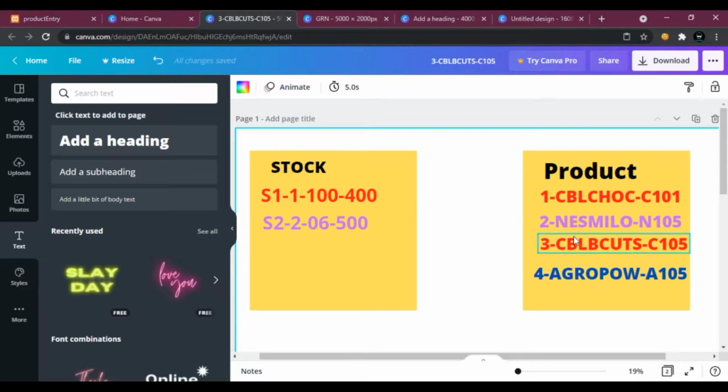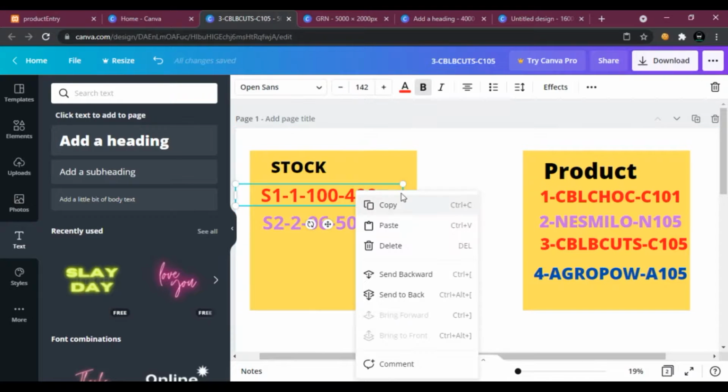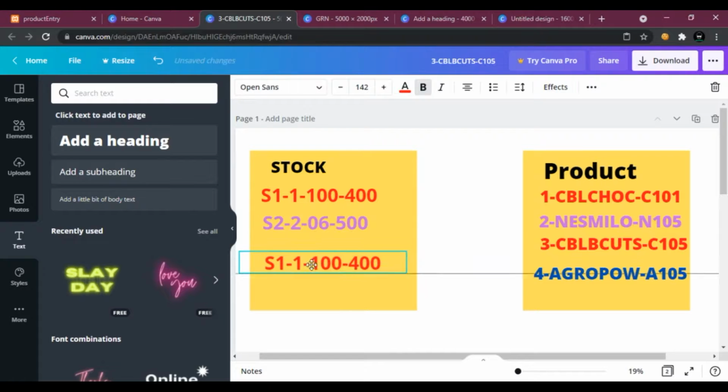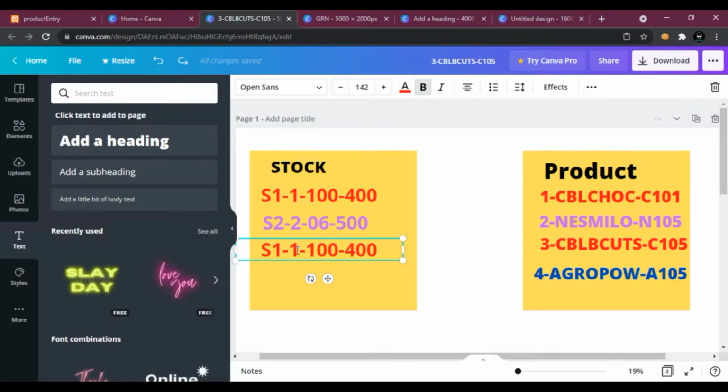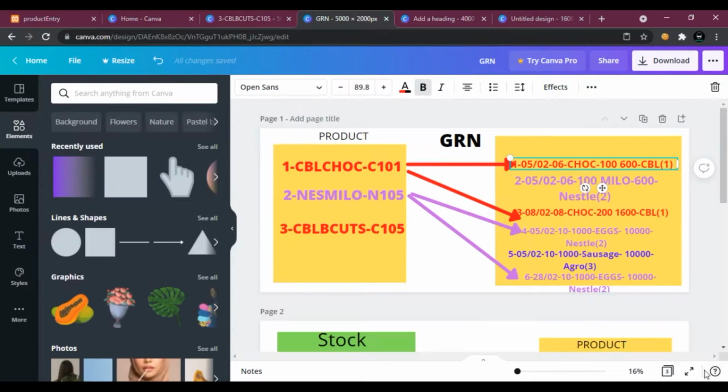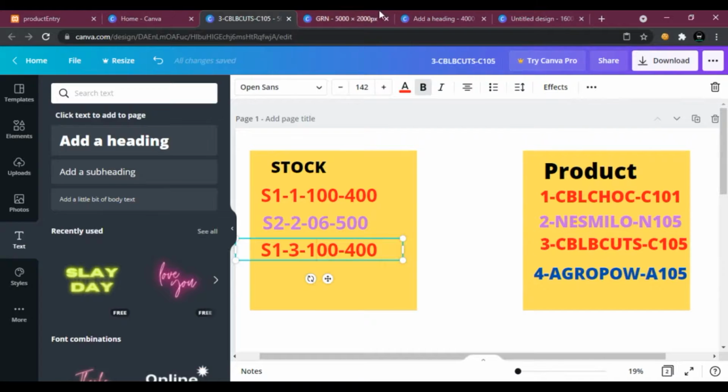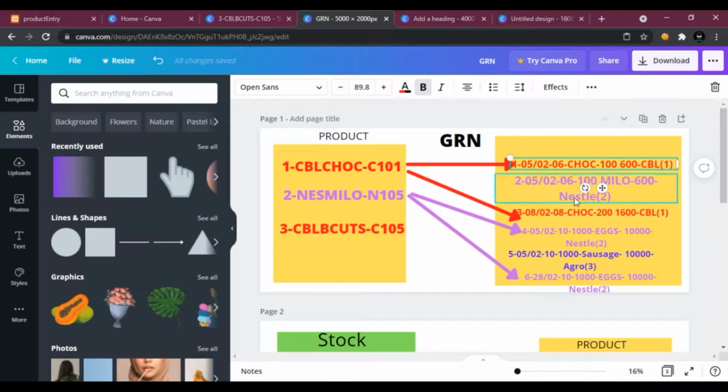Also, I'm gonna store the CBL biscuits in the same stock where we have stored the CBL chocolate. So copy and paste it over here. S1, the product ID is 3 in this case. The CBL biscuits quantity, let me figure it out.